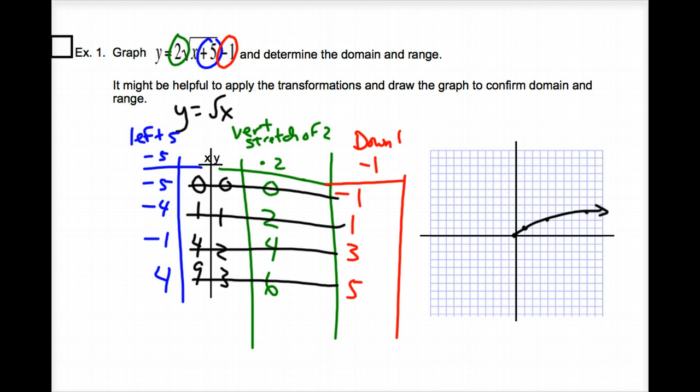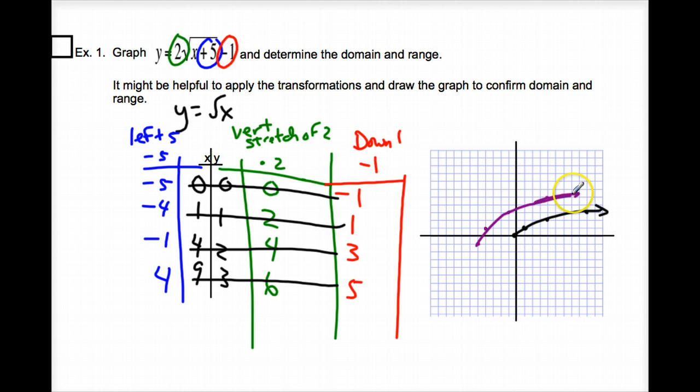So my answer, I'll do that in purple, is at (-5, -1), (-4, 1), (-1, 3), and (4, 5) right here.